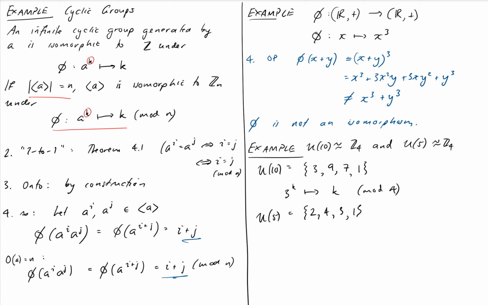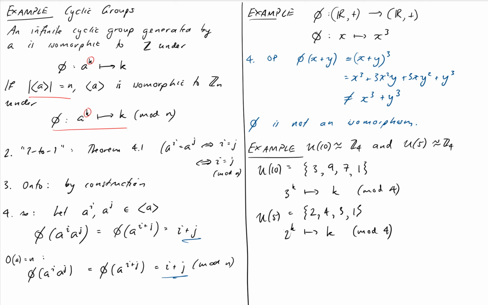That's why it didn't work. So therefore we've got a generator, so again I can say that 2 to the k gets mapped to k mod 4. So that's cool. We establish by our cyclic groups example that these two U groups are both cyclic because we can find the generator.